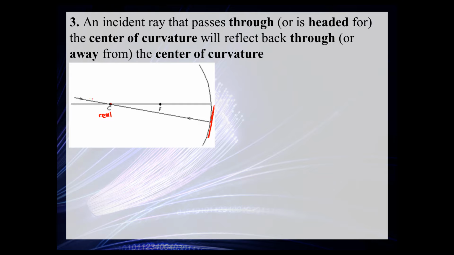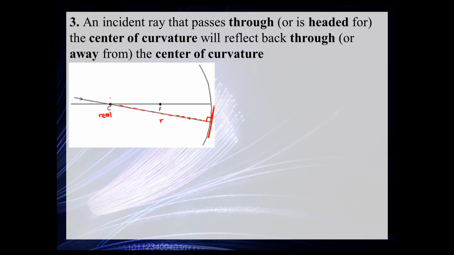Now, the reason that a ray of light that approaches through the center of curvature bounces back along the same line is you have to remember the normal line is the radius. Okay, so I can draw my normal line all the way from this point of contact to the center of curvature. The normal line is the radius.